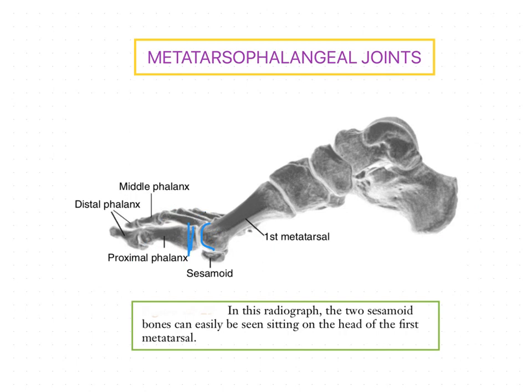These are the articulating surfaces of all 5 metatarsophalangeal joints. For each joint, the metatarsal head articulates with the respective phalanx. That means the first metatarsal articulates with the base of the first proximal phalanx, and so on.